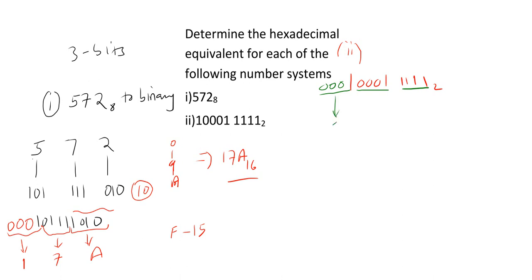So this is 1, this is also 1, and this, when you convert it, you will find that it is 15, and 15 in hexadecimal is letter F. So this one we write F, and the answer will be 11F base 16.